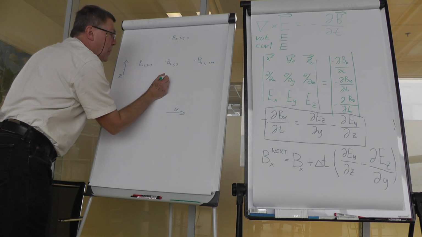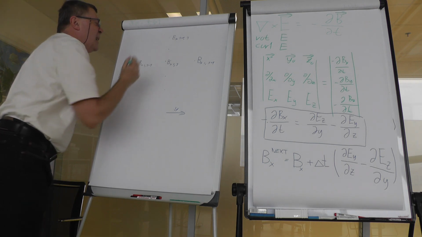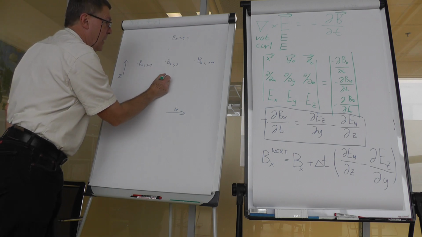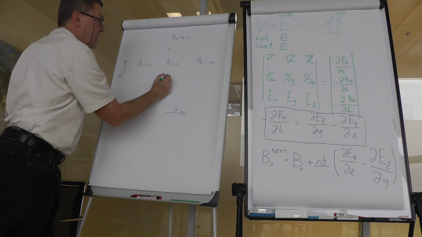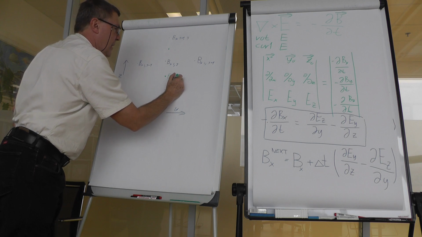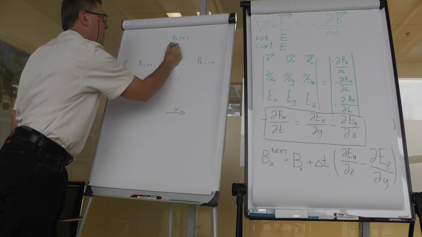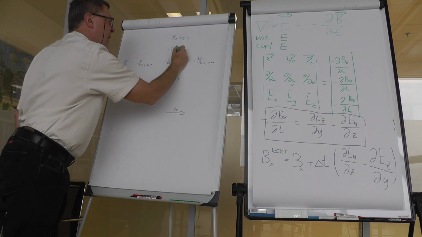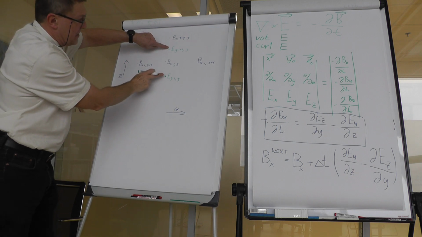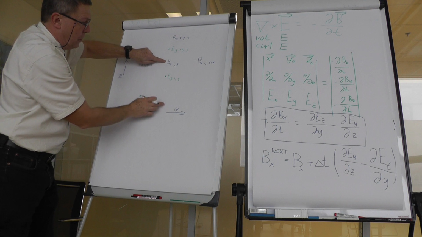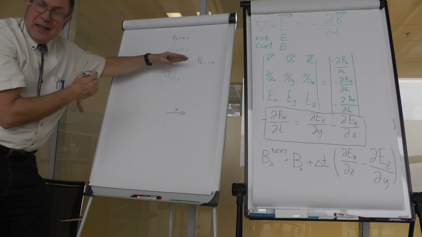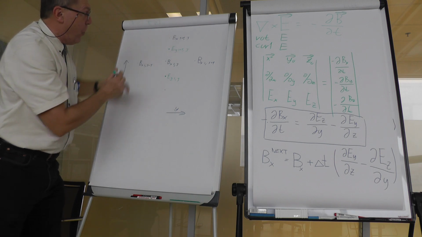So let's place those 2 points at which we make the discretization of Ey over here, so that we have the same discretization step for Ey as for Bx, but we have shifted the cuts at which we take samples by 1/2 of the step.